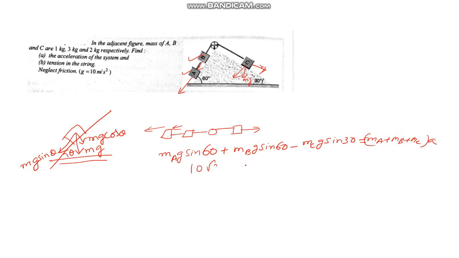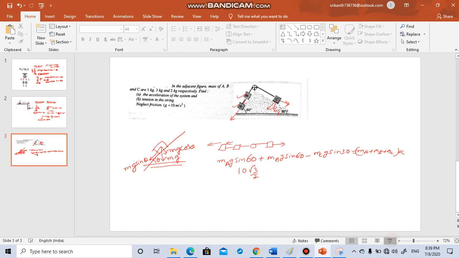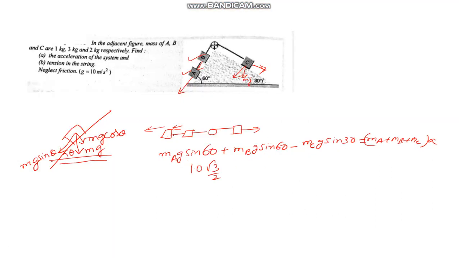Sin 60 is root 3 by 2, and similarly mb value is given as 3 kilos. 3 into 10, it will be 30 into root 3 by 2, minus mc value is given as 2, so 2 into 10, 20.